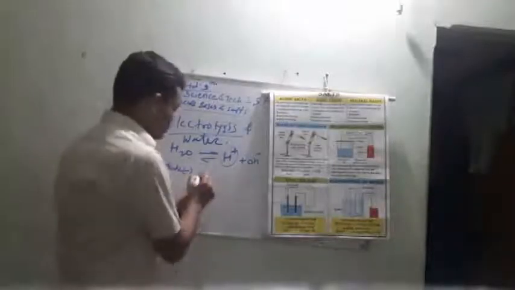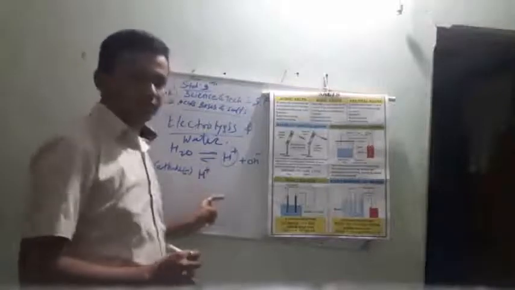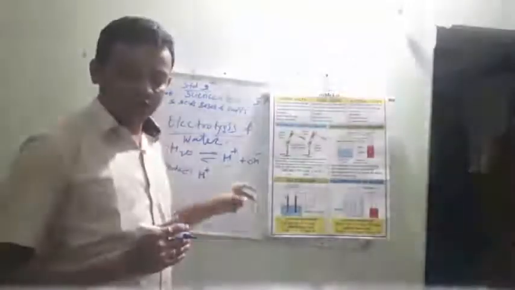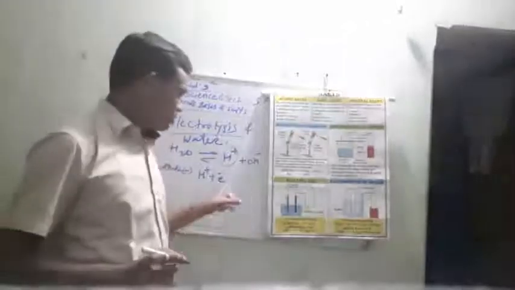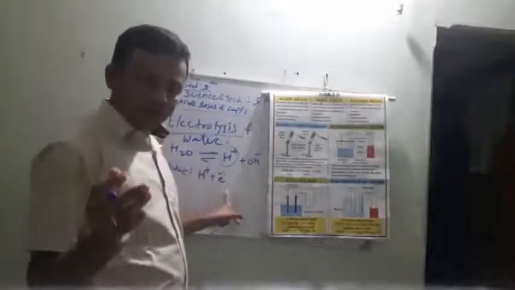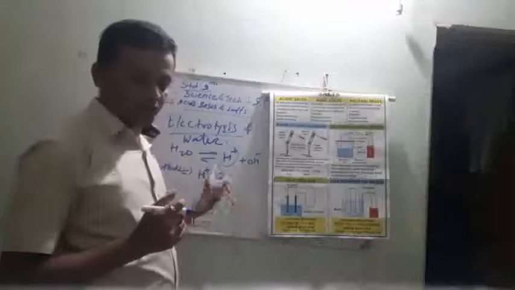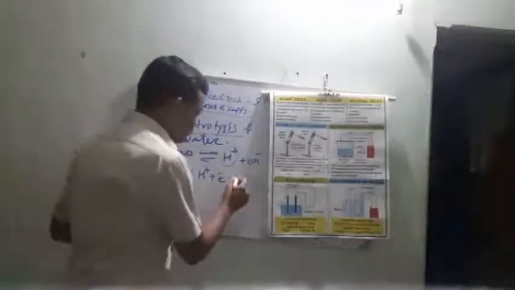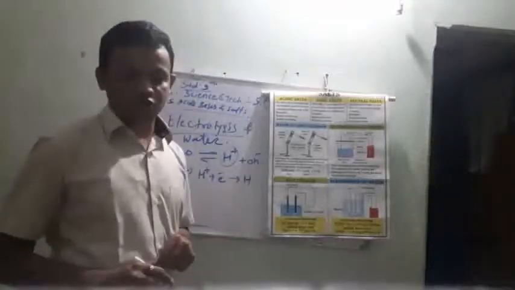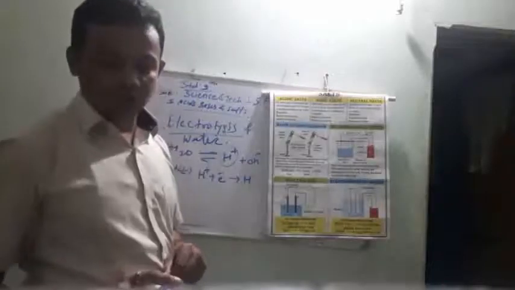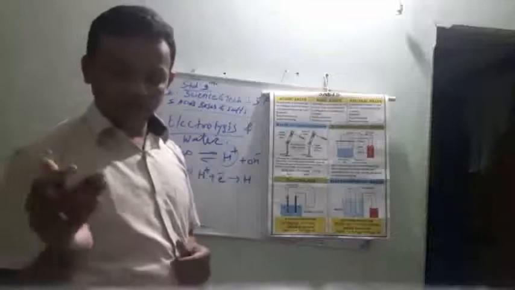Hydrogen ions are attracted towards the cathode, and the hydrogen ion gains an electron from the cathode, and there is a formation of hydrogen. So hydrogen migrates towards the cathode and gains an electron, and it becomes neutral.